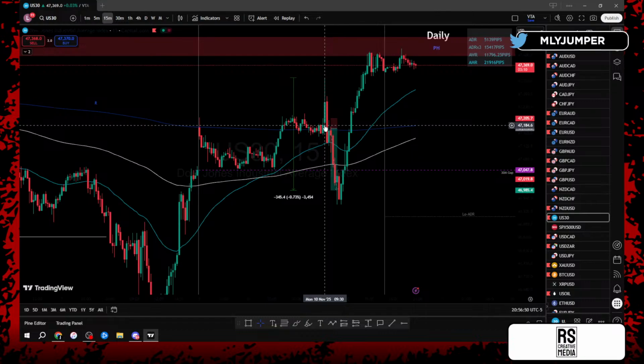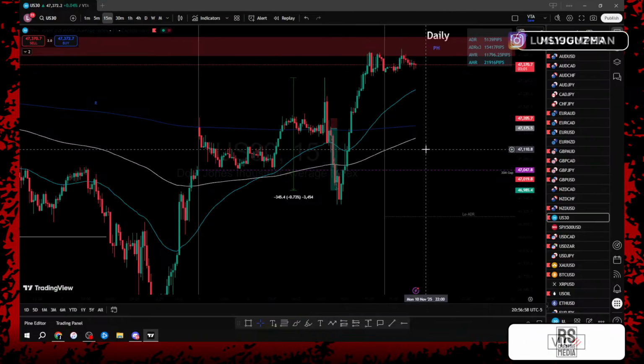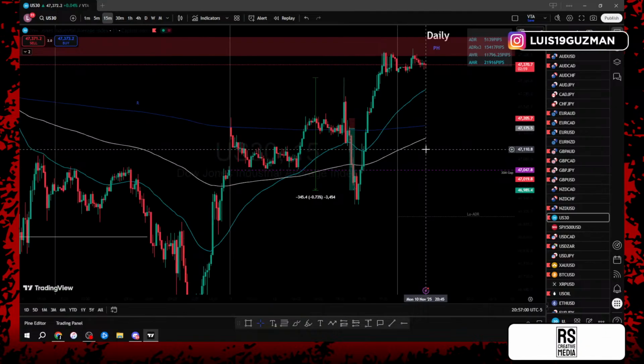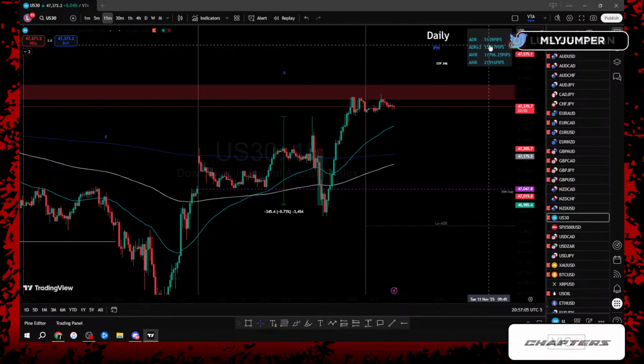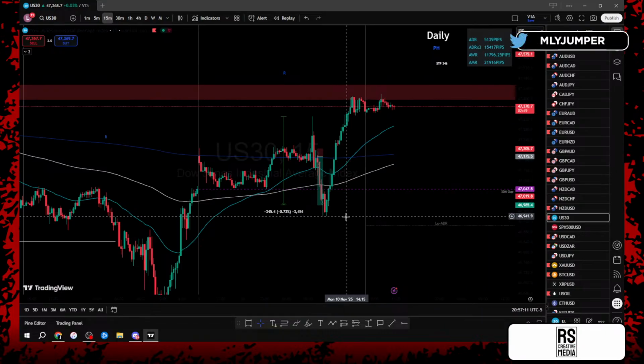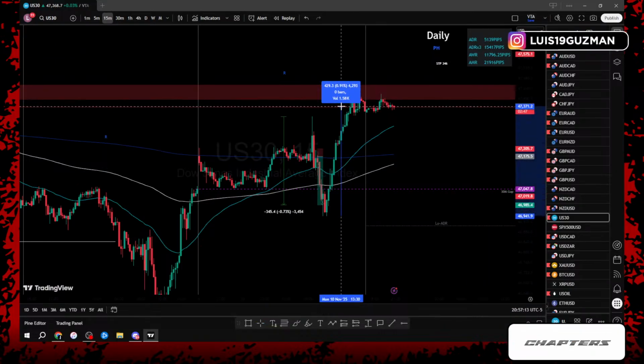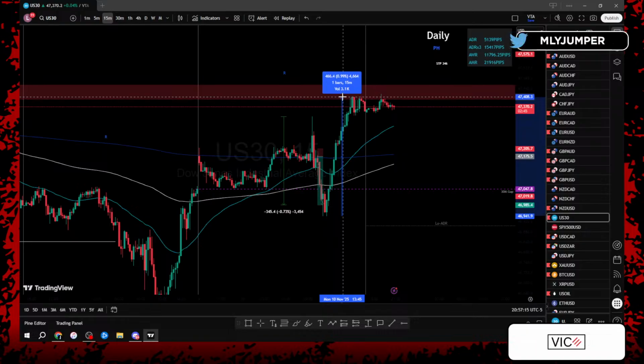However, US 30, I play with it a little bit different than the other pairs because again, this is a pair that moves very, very fast with a lot of volume. This is a pair that moves 513 pips on a day-to-day basis on average. On average, it moves 513 pips, right? Today, price ended up moving 460 pips.